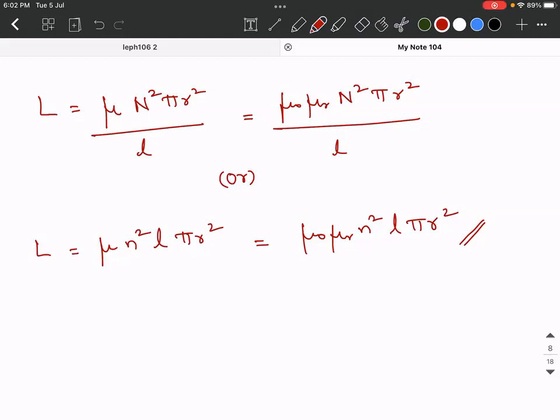But otherwise, is the concept clear? So what did we learn? We tried to understand what self-inductance means. Once you know what self-inductance is, we tried to understand how to calculate the self-inductance for a solenoid. So the next type of inductance that we have is, any idea? The next one is called mutual inductance.